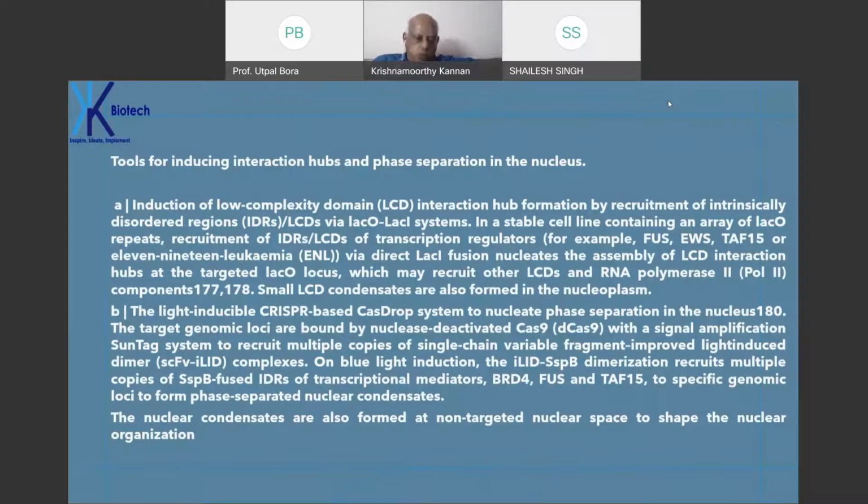Okay, the light-inducible CRISPR-based Cas drop system. So what I'm saying is there's a whole lot of physical chemistry. Sometimes some of them are even using optical blue light induction. There's a whole field called optogenetics, which is coming up to understand what happens by shining light. The condensates are also formed at non-targeted nuclear space.